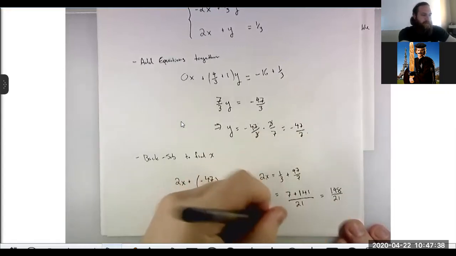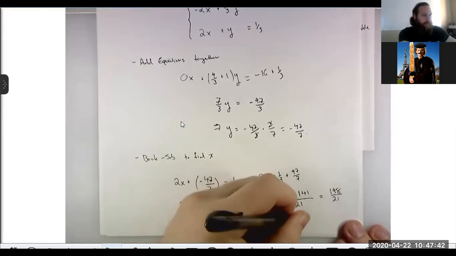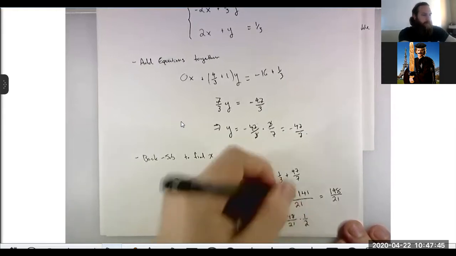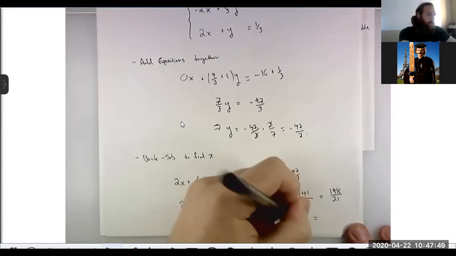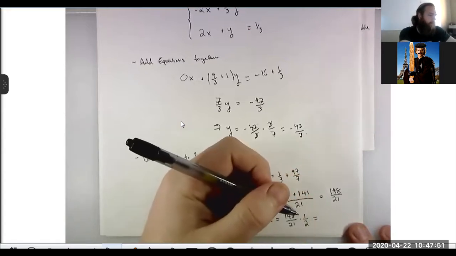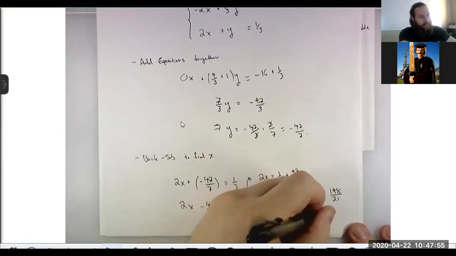So finally, x is 148 over 21, all divided by 2, which is the same as times 1/2. And 148 divided by 2, let's see, what is that? That'd be 74. So this is 74 over 21.